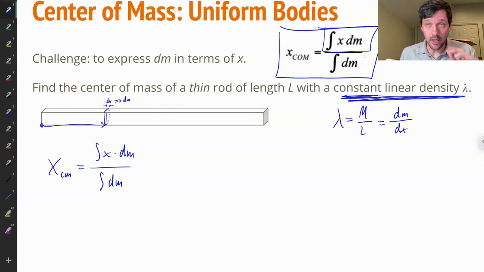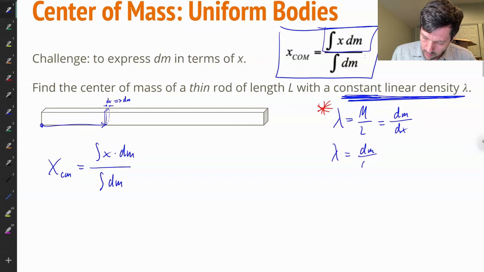And here is the key element. I'm going to put a star next to this because this relationship unlocks the solution here. How so? If lambda is equal to dm over dx. Now, if we look at this equation over here, we're trying to integrate x with respect to mass, which is not dx.